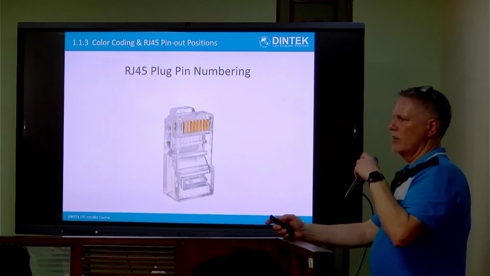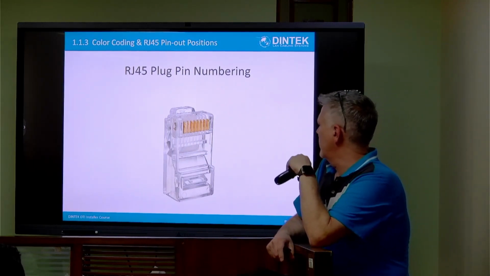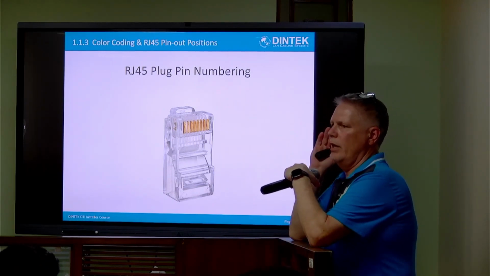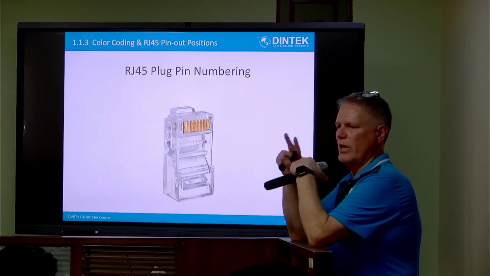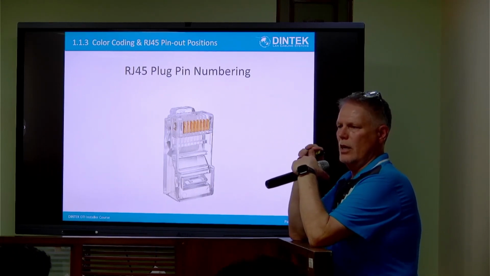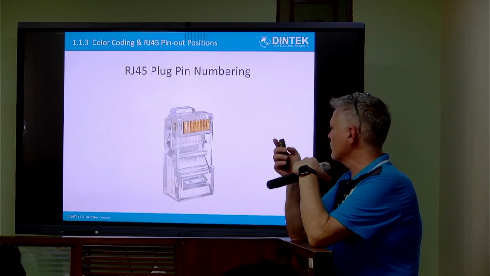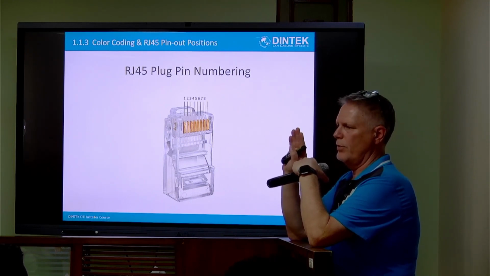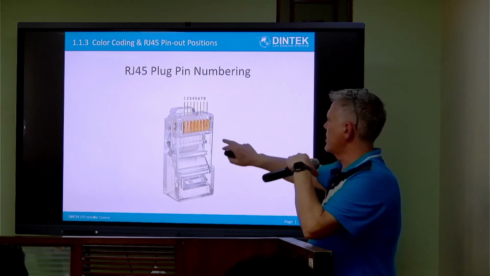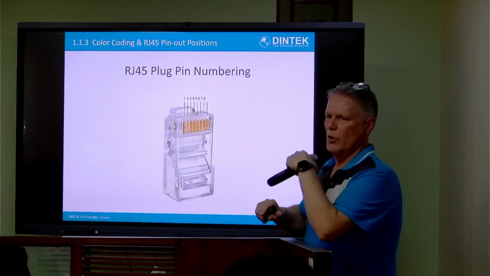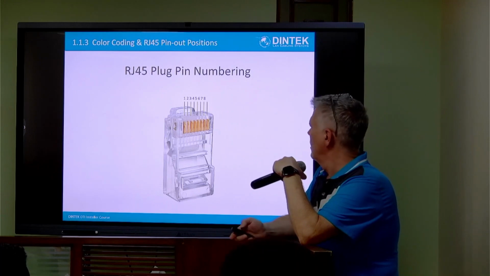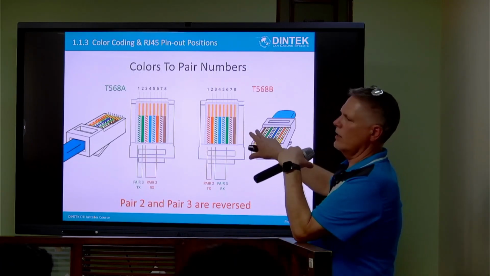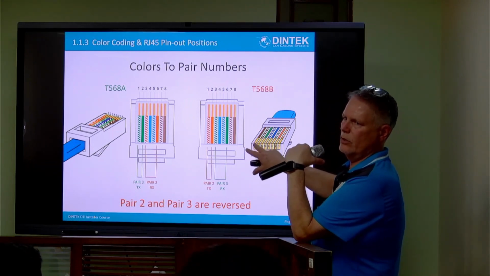Now we'll come to RJ45 pin numbering, because even though the pairs are 1, 2, 3, and 4, where we place the wires is completely different. So we have 8 pins in our RJ45 plug, but we don't start with the blue pair. We have 2 different color coding specifications that we can use.